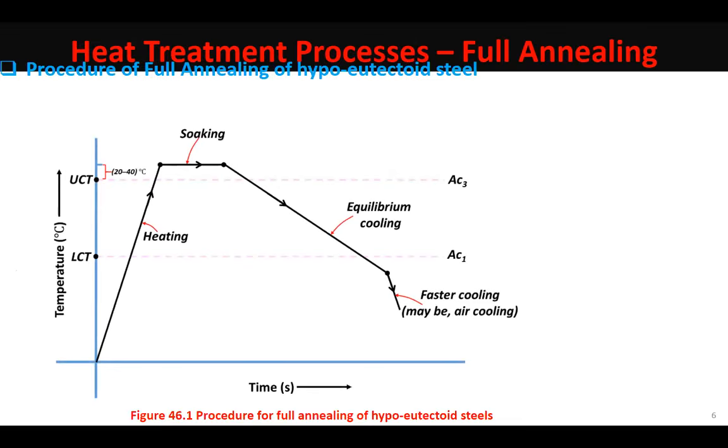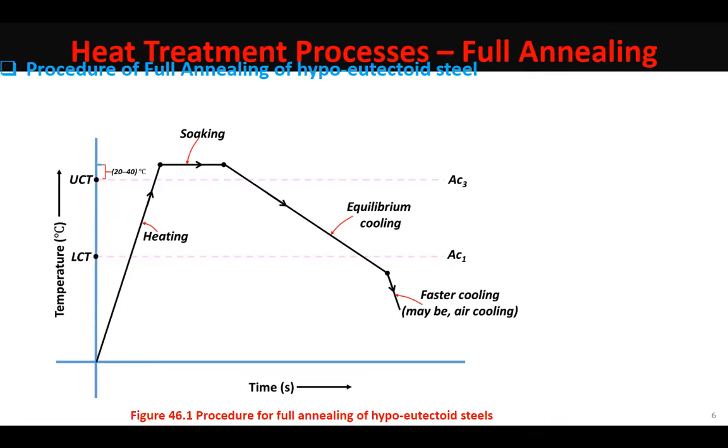You see, the procedure would be different whether you are doing this treatment for a hypoeutectoid steel or for a hypereutectoid steel. As I said in the previous slide, generally for hypereutectoid steels this treatment is not given. But then if somebody asks you that if for some reason it has to be given, how would you give it? So for that also we have tried to cover.